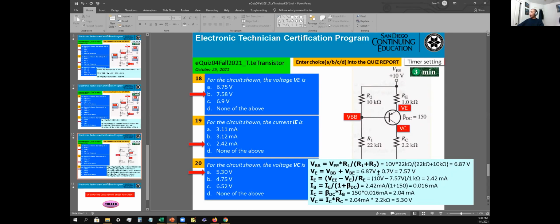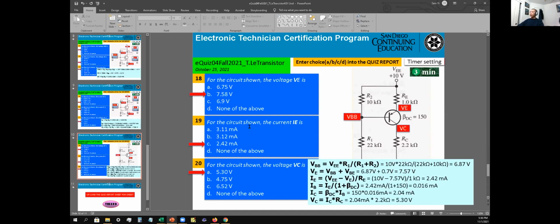Then you use that, and VE would be VBB plus VBE. Previously we subtracted VBE. In this case, because it's a PNP, we add VBE. So that's 6.87 volts plus 0.7 volt, which gives you 7.57 volts. So the answer is B as in Bob for number 18.